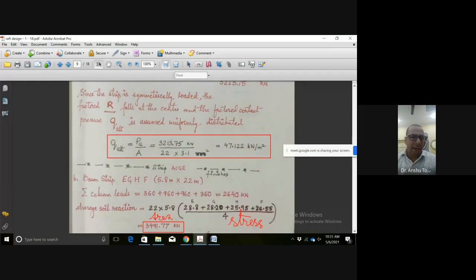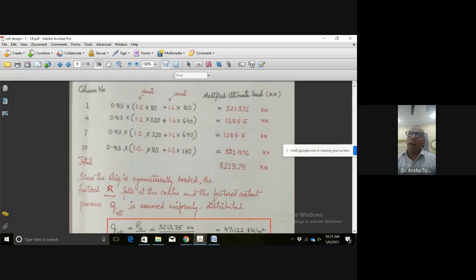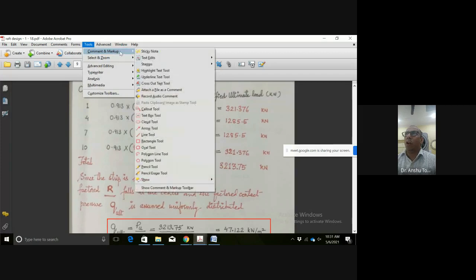So we have got the reaction which is acting. We have got the modified column loads, these 1, 4, 7, and 10. Let us bring this also into the rectangle.